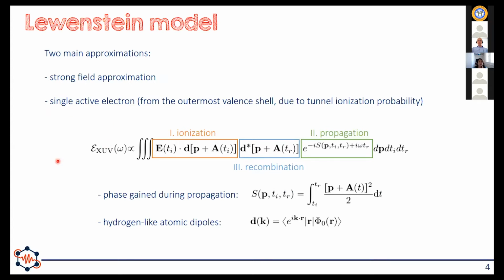And then we can write our harmonic spectrum as an integral of this expression, in which we can really recognize the ionization step, the recombination step, and the propagation, which is associated with the phase gained during the propagation by the electron. And for the dipole matrix element, one can use the hydrogen-like atomic dipoles, as here.